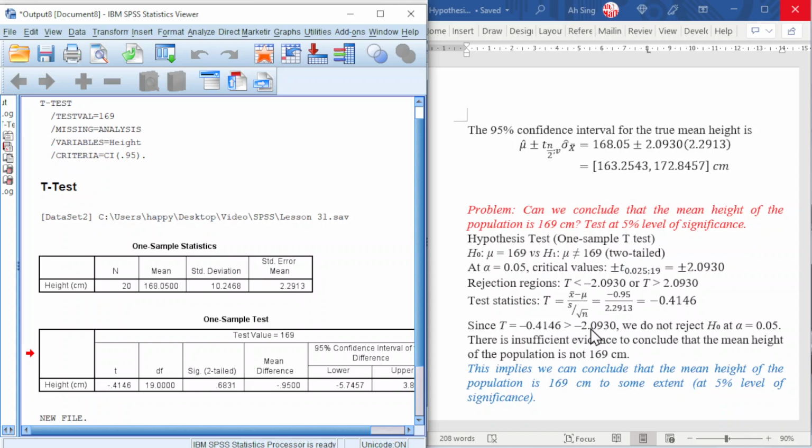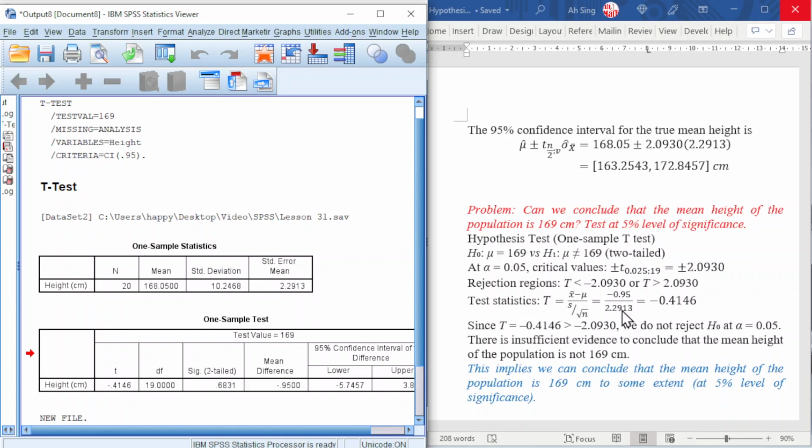In other words, the test statistics did not fall on the rejection region, and hence we couldn't reject the H0, which means that there is insufficient evidence, or what we call we have not enough evidence to conclude that the mean is not equal to 169, which implies that we can conclude that the population height is 169 to some extent, and the extent here is at 5% level of significance.